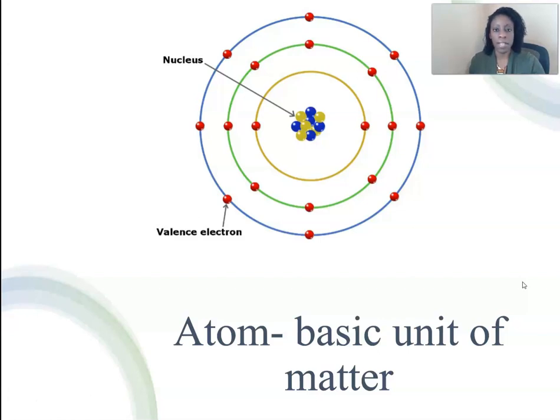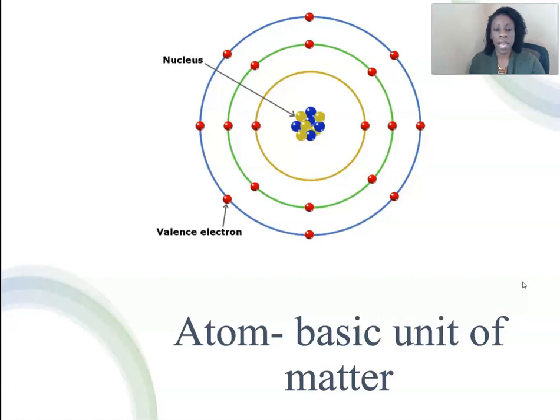And what I mean by having a valence shell that's not complete is that they don't have the maximum number of valence electrons possible in that shell. So when an atom's valence shell is incomplete, that causes the atom to react with other atoms. It comes close to other atoms and either forms bonds or breaks bonds because it's trying to fill its valence shell so that it can be complete and stable.